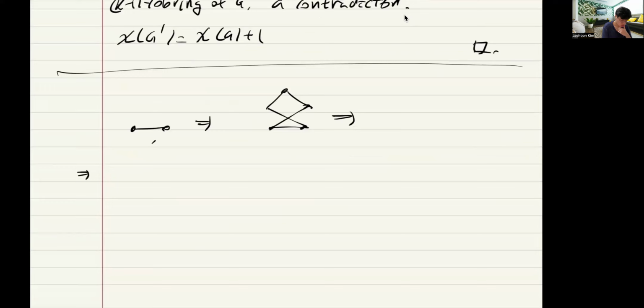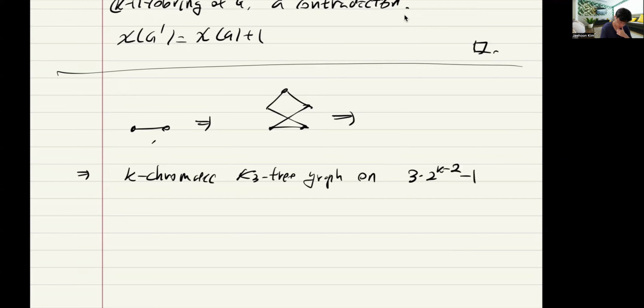So if you do this, say, K minus 2 times, then you obtain a K chromatic triangle free graph on 3 times 2 to the K minus 2 minus 1 vertices.